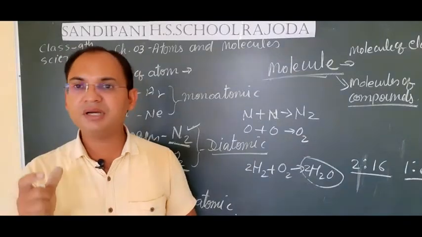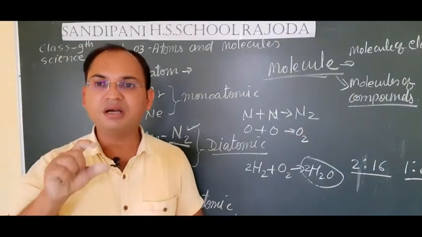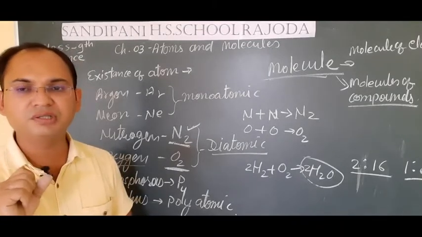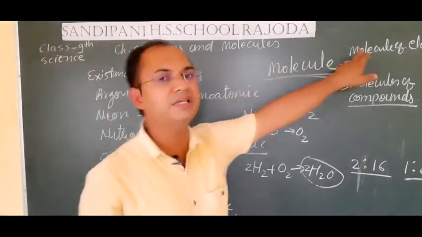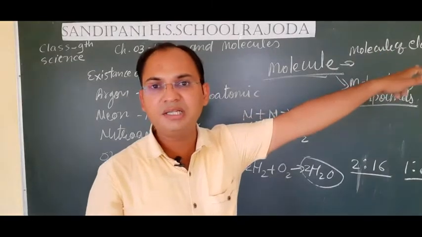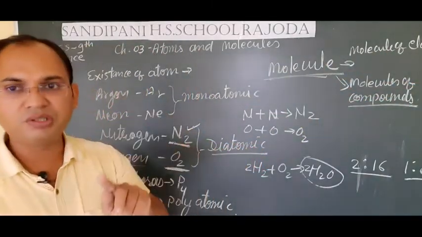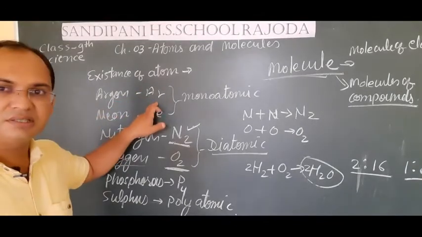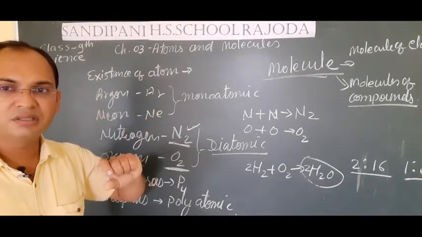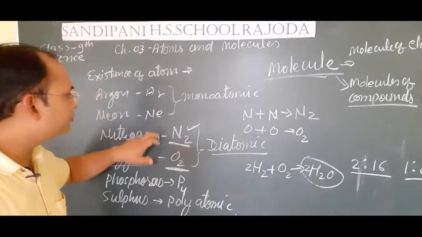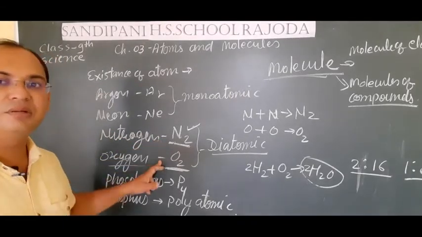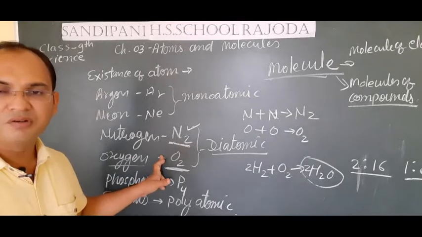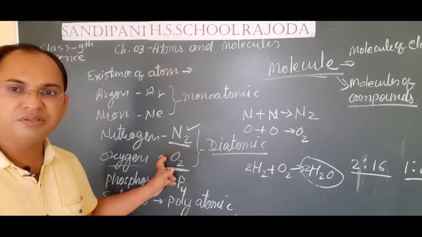If atoms of the same element combine together to form the molecule, we call it a molecule of the element. A molecule of an element may be monoatomic. If one atom exists in nature, we call it monoatomic. If two atoms combine together to form one molecule, like nitrogen and oxygen, we call it a diatomic molecule.